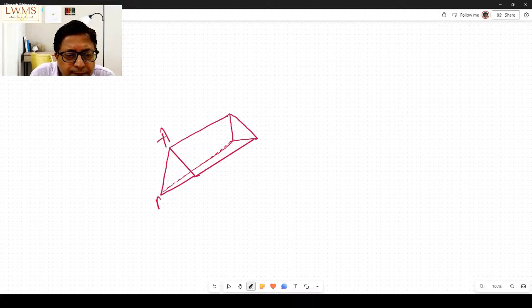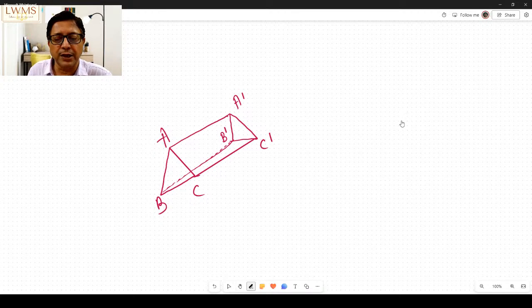So ABC, if it is here, a triangular prism, I am telling you again and again, so that it will help you to visualize the diagram, to visualize the process.